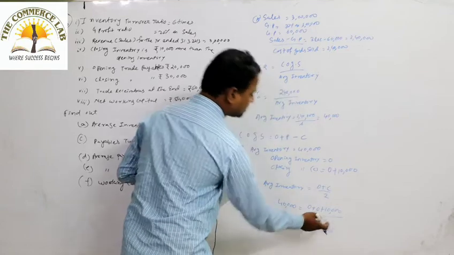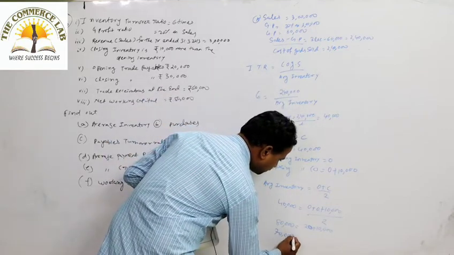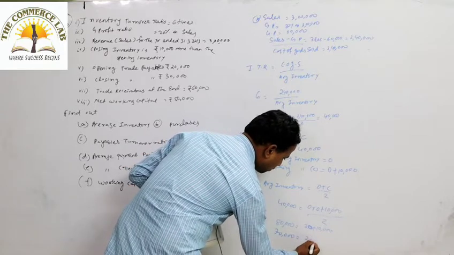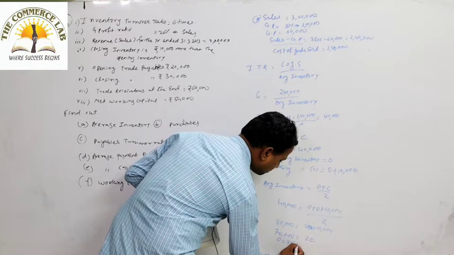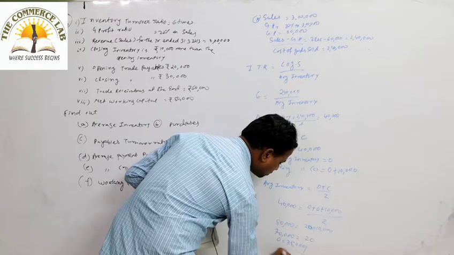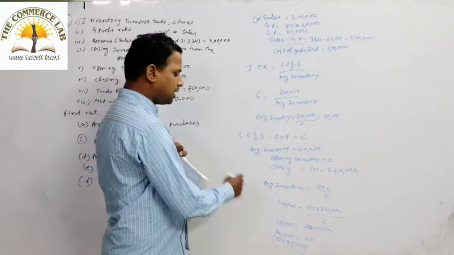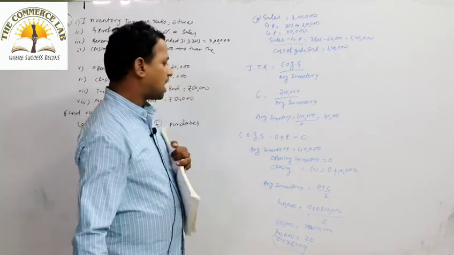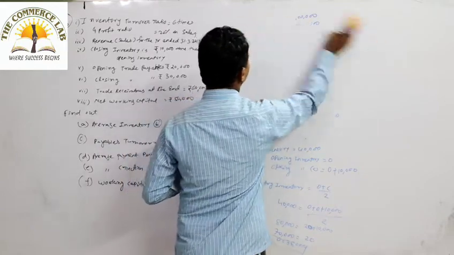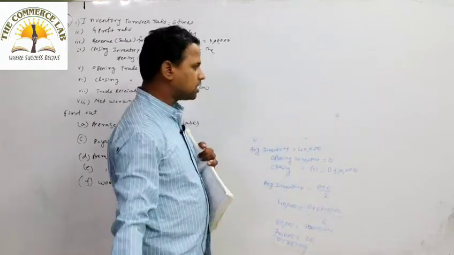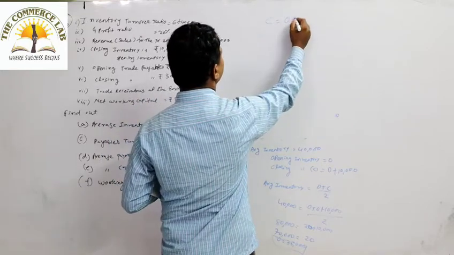So 70,000 equal to 2O, then O equals 70,000 by 2, that is 35,000. So how much opening inventory did you get? 35,000. Then what is the closing inventory? The closing inventory is 10,000 more than the opening inventory.